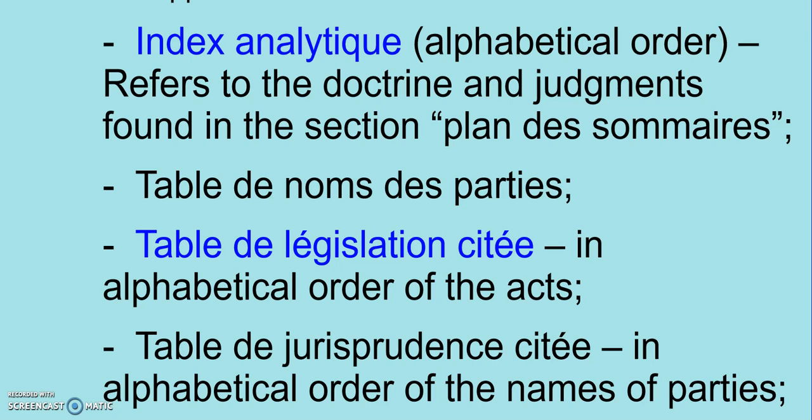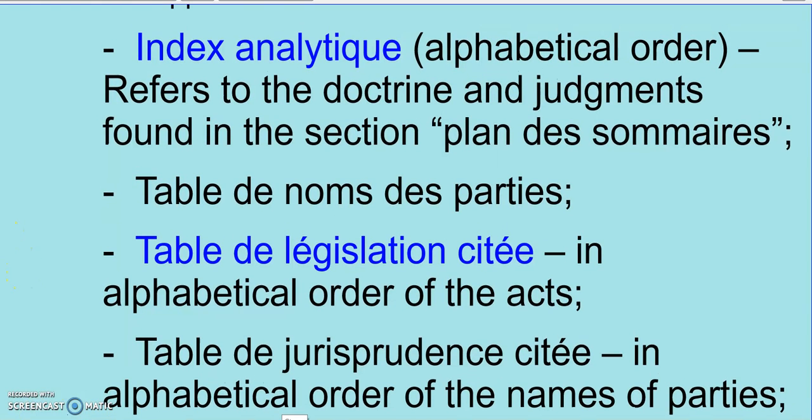Table de législation citée. So table de législation citée is a table of cited legislation. It will be used in one of the search methods that we're going to see in the next capsule. It really talks about table de législation citée.